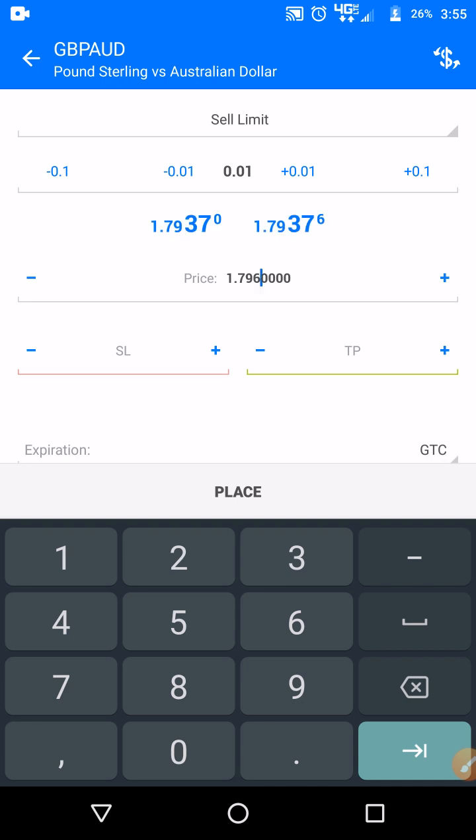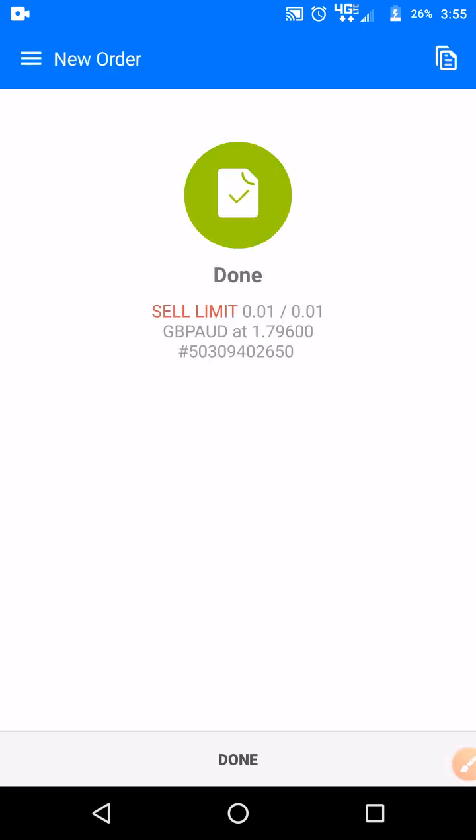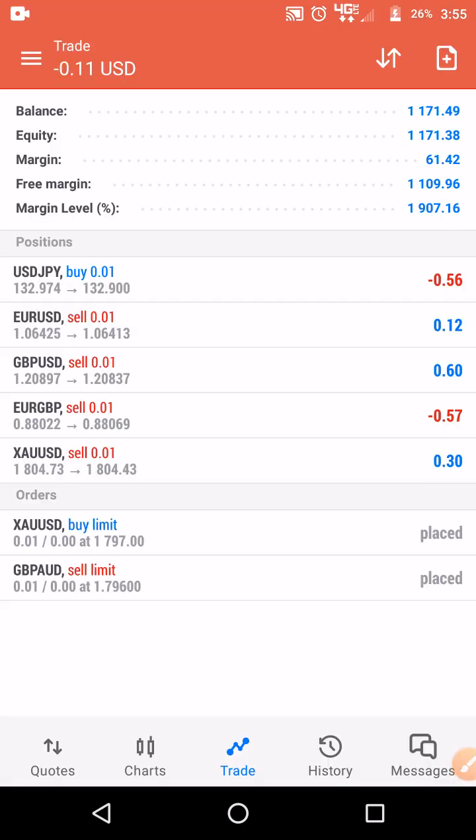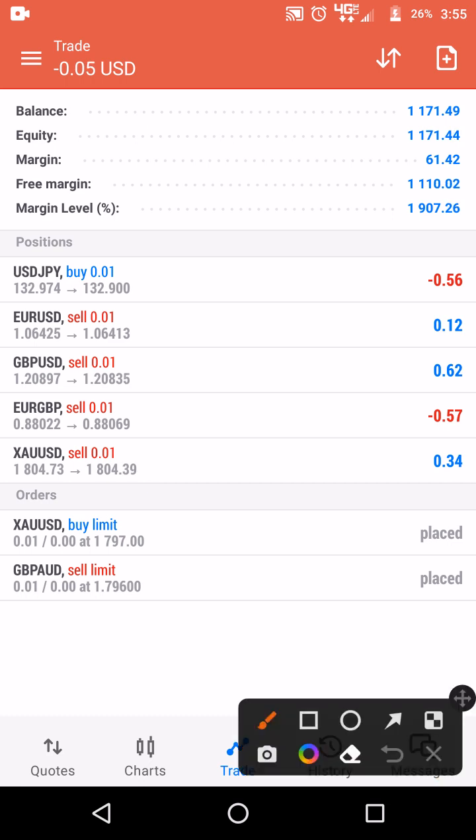Let me clean some of the zeros. So I'm placing my sell limit over here. Now it has been placed, it has been queued. It's showing up here as sell limit.